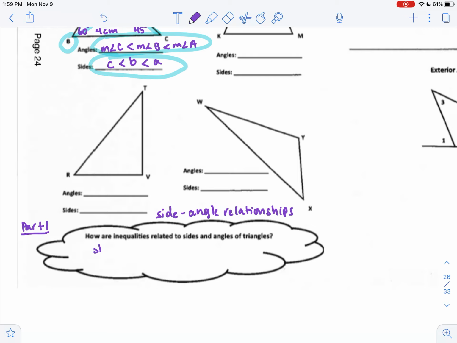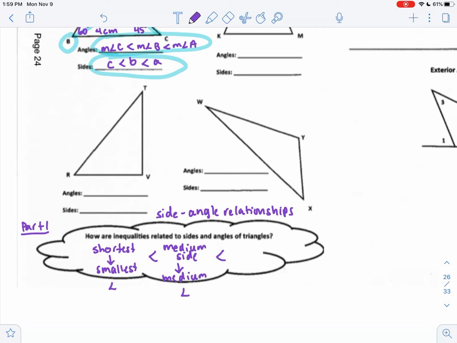We would say the shortest side is across the smallest angle, which is less than the medium side, which is across the medium measure angle. So, medium angle.